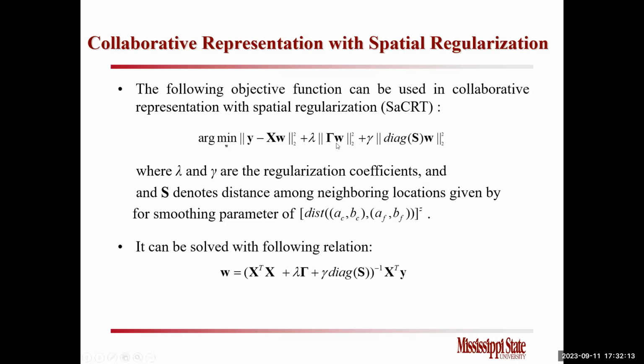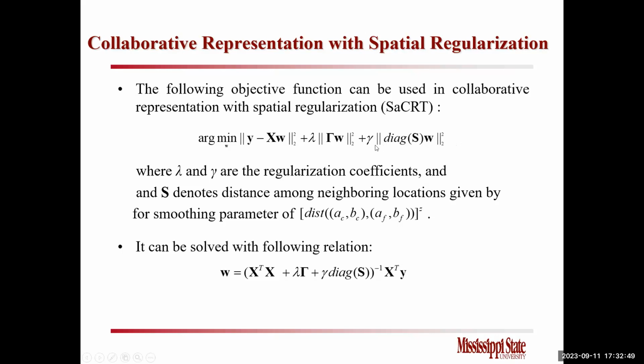Just like the gamma, which is about spectral similarity or locality, this S is about the spatial distance, because here we assume that if they are spatially very close, then that testing sample should be very similar to that training sample. Then we give this training sample a very high chance in the representation. So that's a very similar idea.